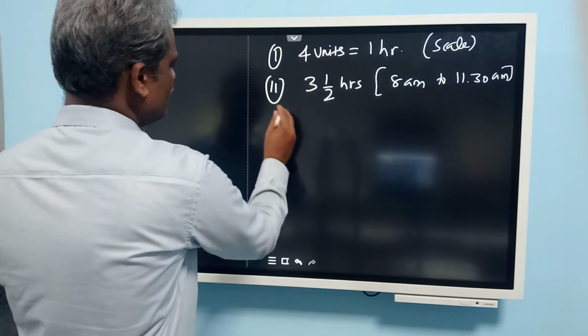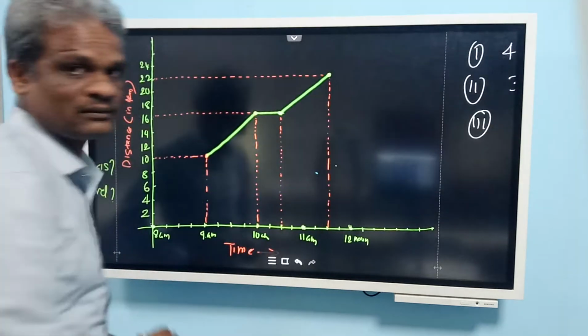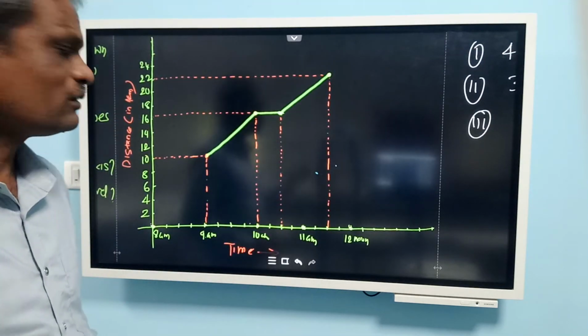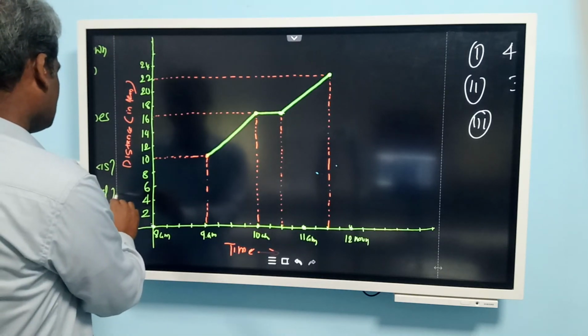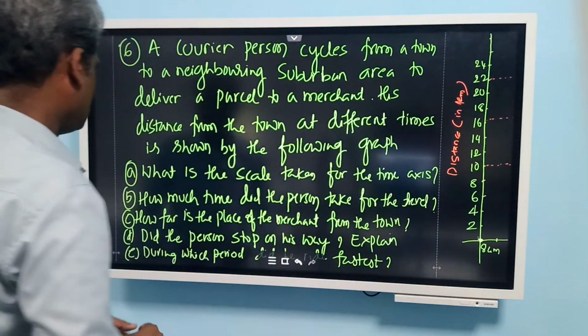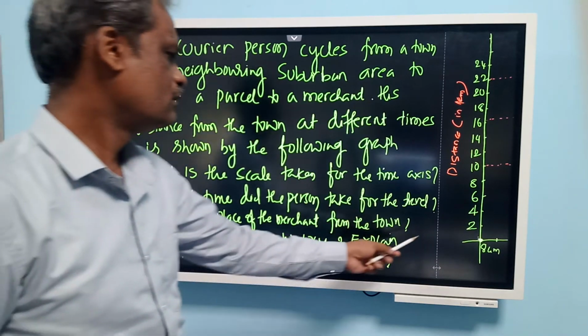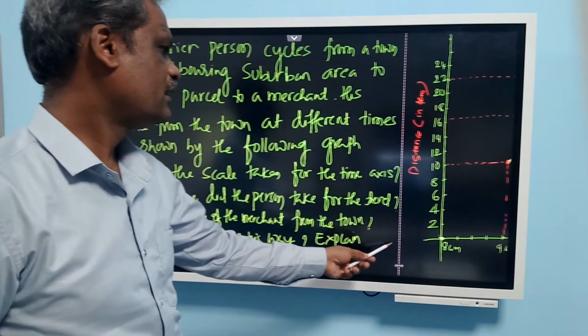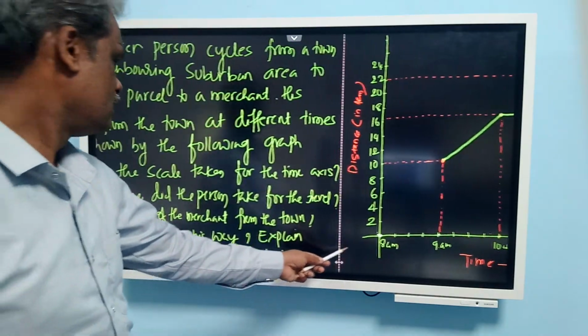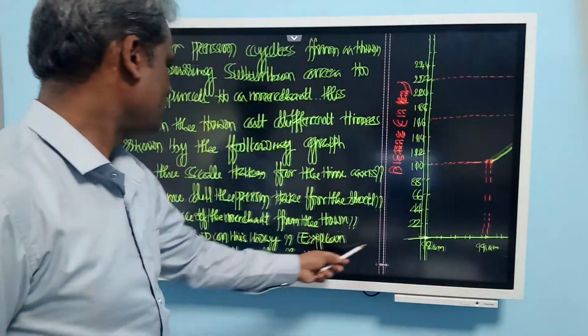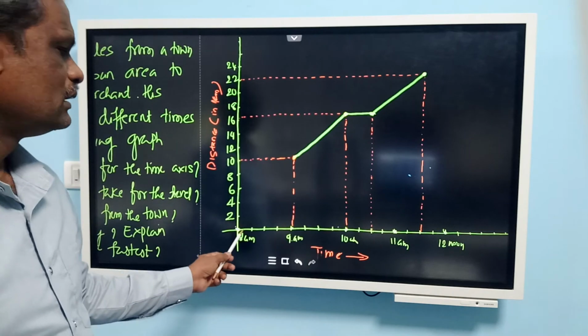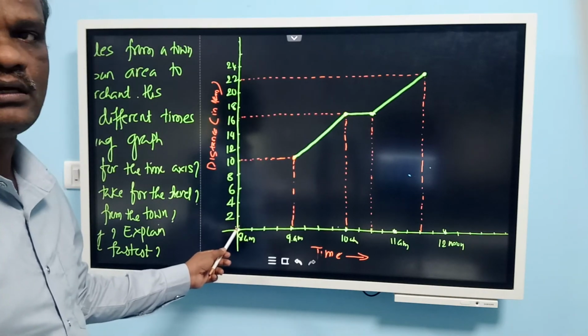Then let us go to the third question. Look at this. How far is the place of the merchant from the town? Let us take this as the town.